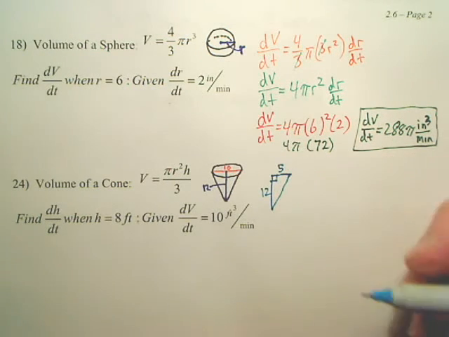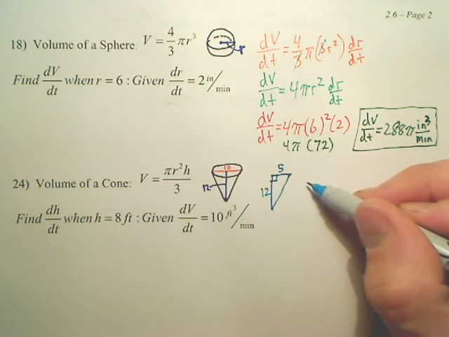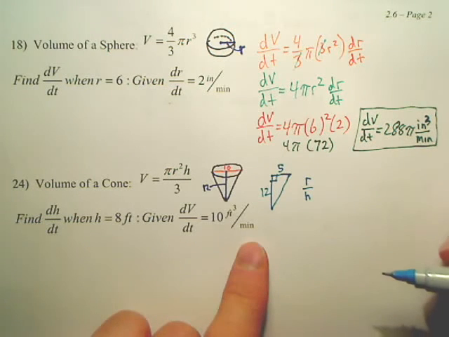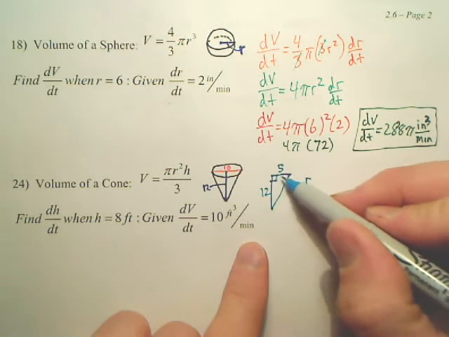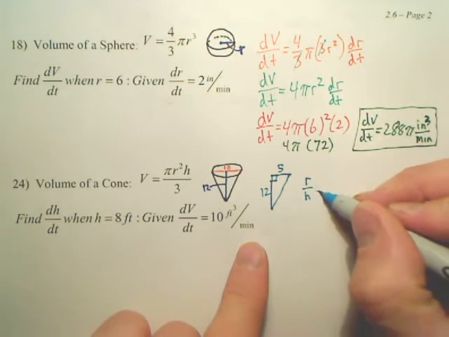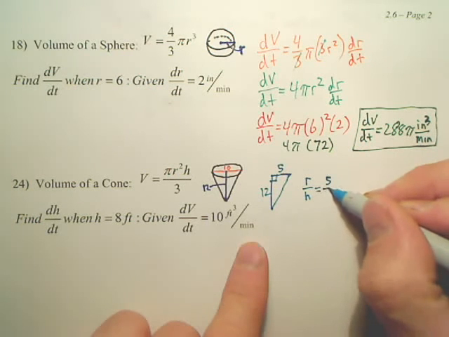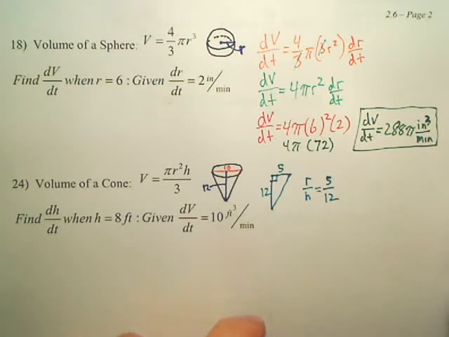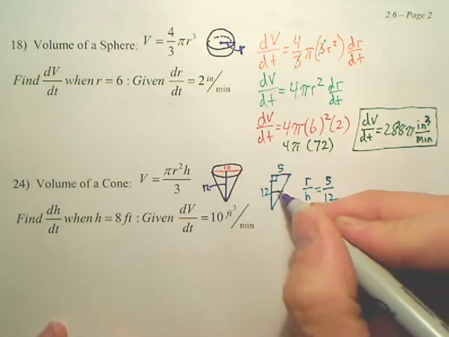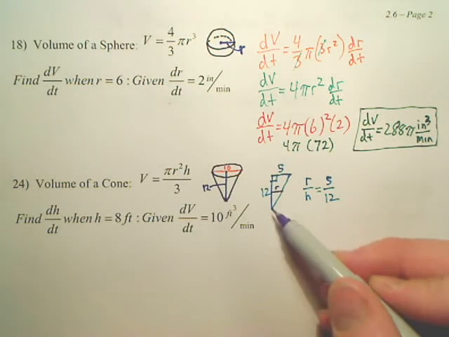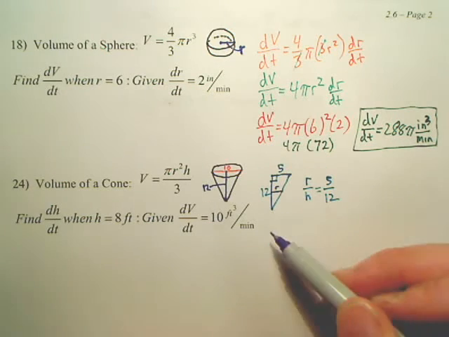Now, do you understand there's a proportion here? You have your radius to height, correct? Isn't that a proportion of 5 to 12? Now, going back to geometry, do you remember, no matter what the radius is, say that's your new radius, it's always going to be the radius to height proportion with the right triangle.